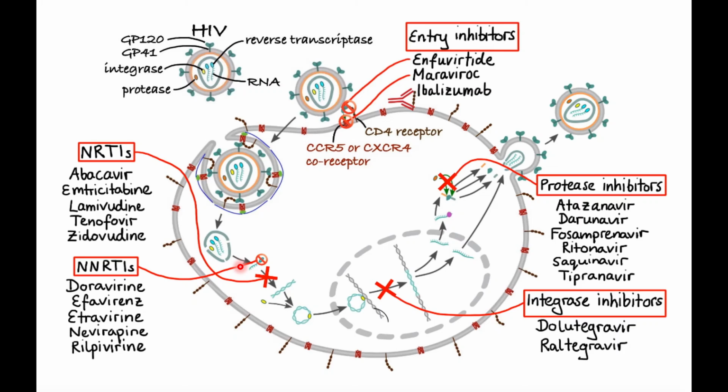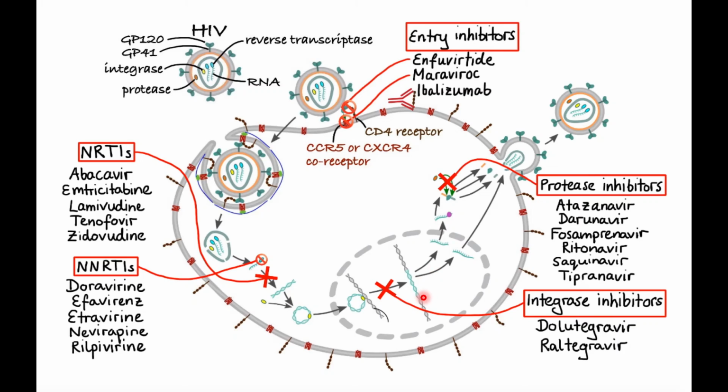This capsid is used to make a double-stranded DNA from the viral RNA, and this double-stranded DNA further interacts with the integrase, and with the help of the integrase it can be integrated into the human DNA.